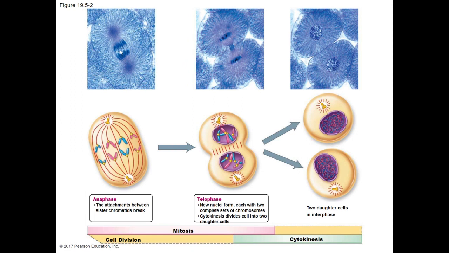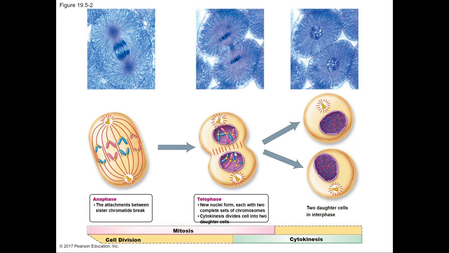As the chromosomes begin to pull apart and be separated, we call this anaphase. And notice now we've separated each of the sister chromatids and we're pulling them towards the opposite poles. So in the fish embryo, you see the dark blue chromosomes beginning to separate. And in telophase, we have a much more pronounced separation, and we can even see the beginning of that cytokinesis where we're going to officially form two cells.